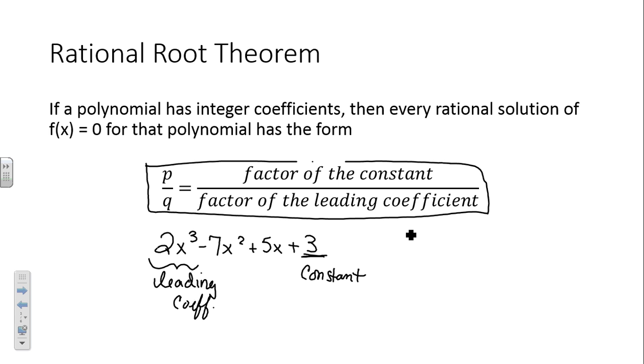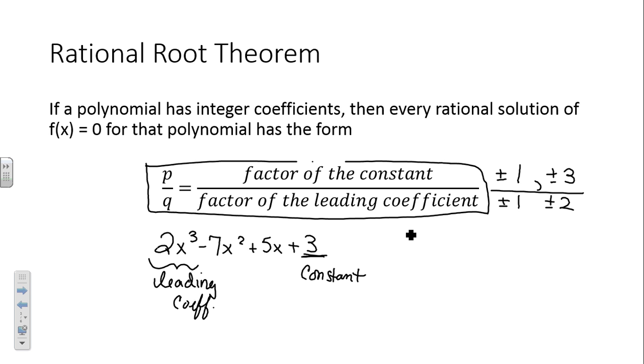So, what are factors of 3? 1 and 3. Positive and negative 1. Positive and negative 3, though, right? Because negative 1 times negative 3 gets me positive 3. Okay, what are factors of 2? 1 and 2, positive and negative 1, positive and negative 2.